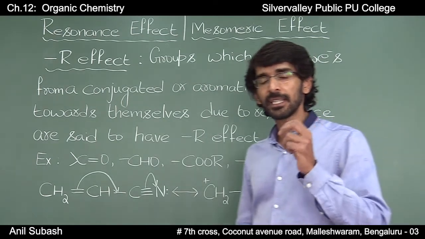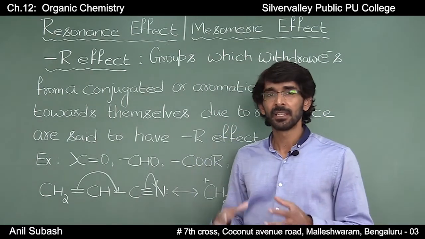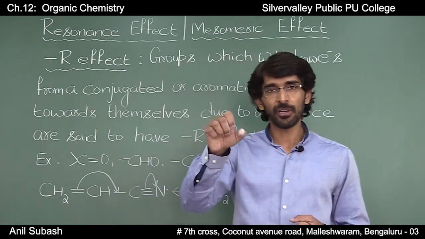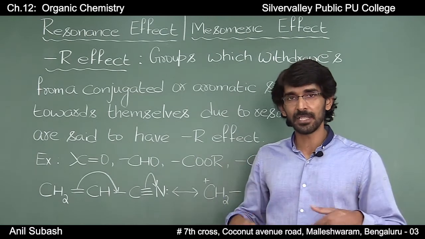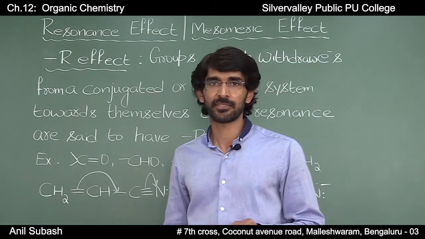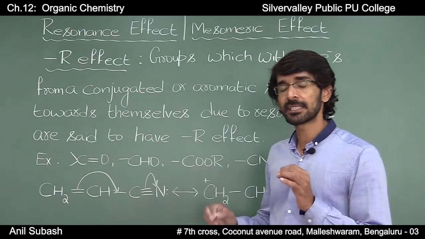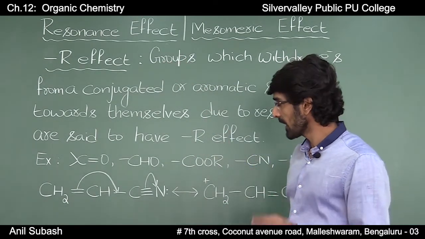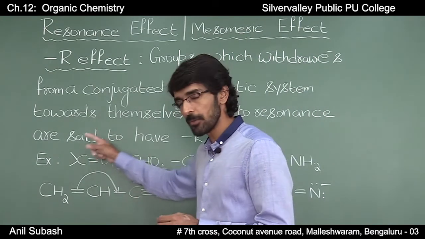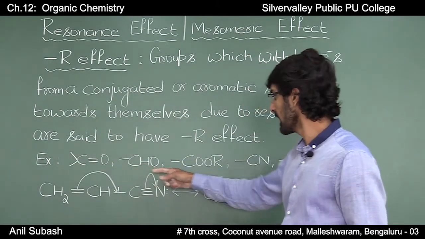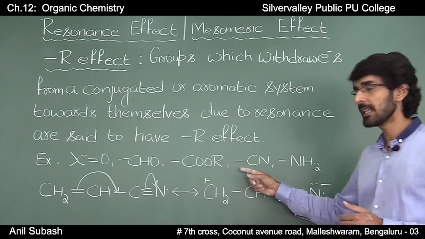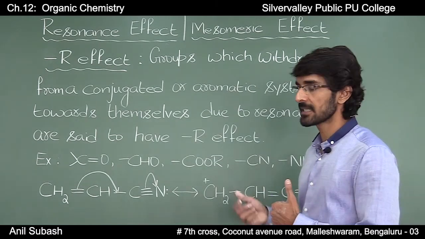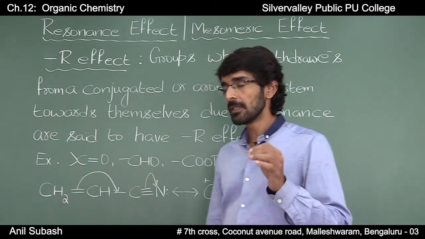That is, in the case of the minus R effect, the groups that are attached to the conjugated system will withdraw electrons towards themselves from the conjugated system, and such an effect is said to be a minus R effect. For example, carbonyl groups, CHO, that is aldehydes, COOR, CN and NO2 groups are found to exhibit the minus R effect.